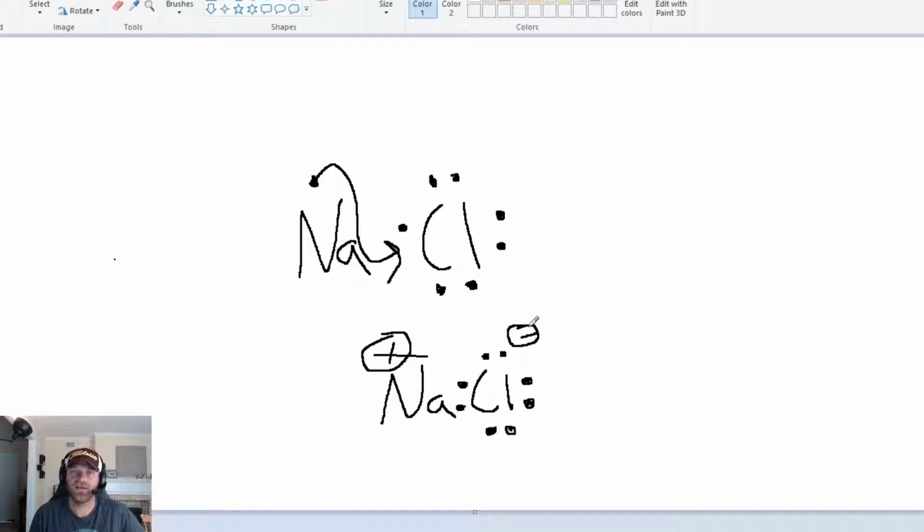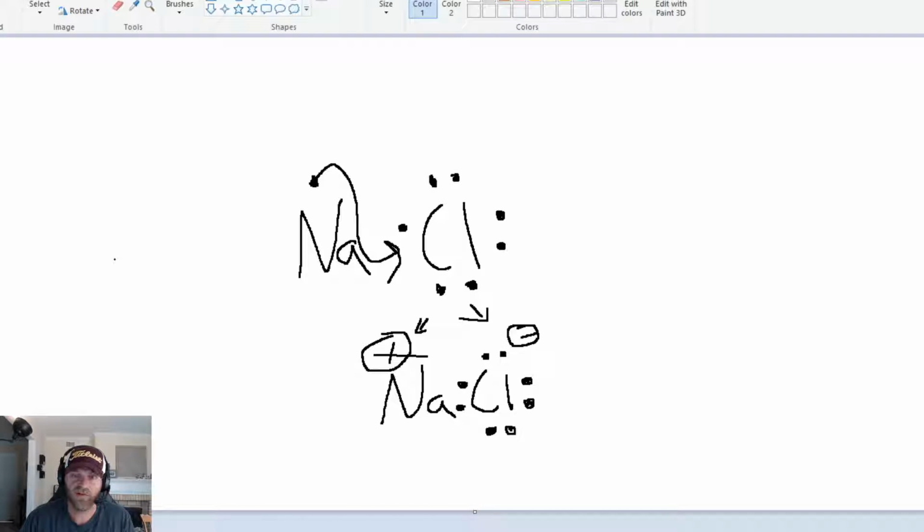So if the sodium has one less electron, it becomes +1, a cation. And the chlorine, gaining one more electron than it should have, becomes -1. This difference in charge, right, electrostatic forces, is what creates the pull. Remember, opposites attract.